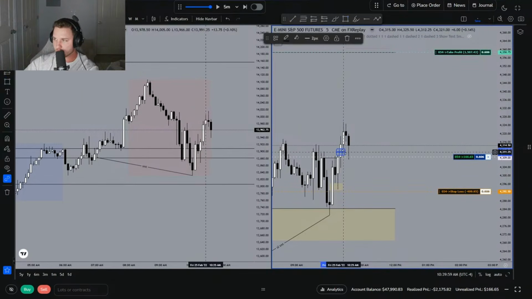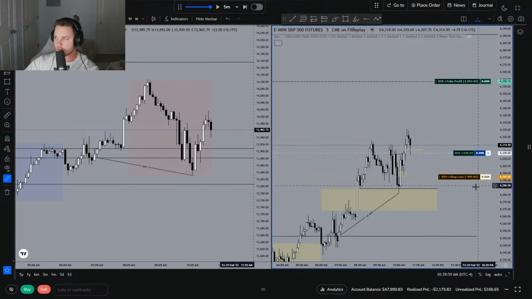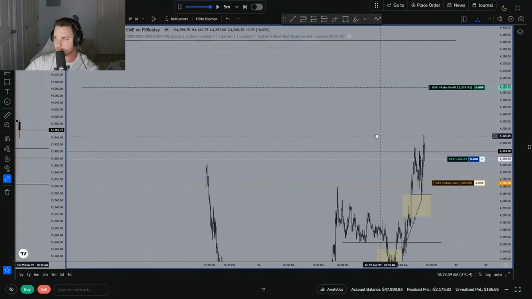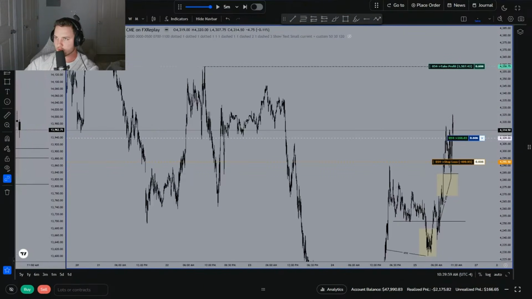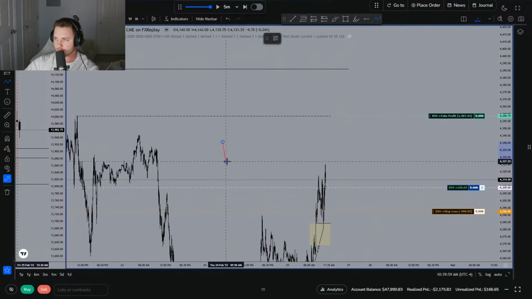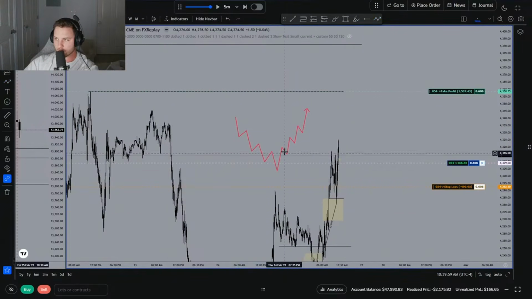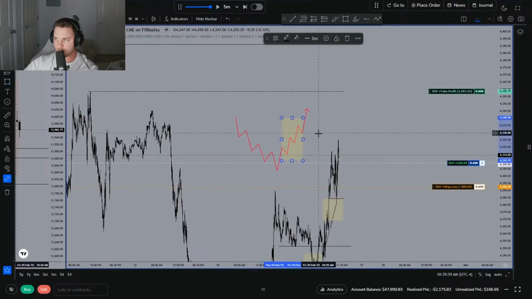this fair value gap needs to hold because if I were to draw out, here's the buy curve or buy model, right? We're inside of this side of the model.